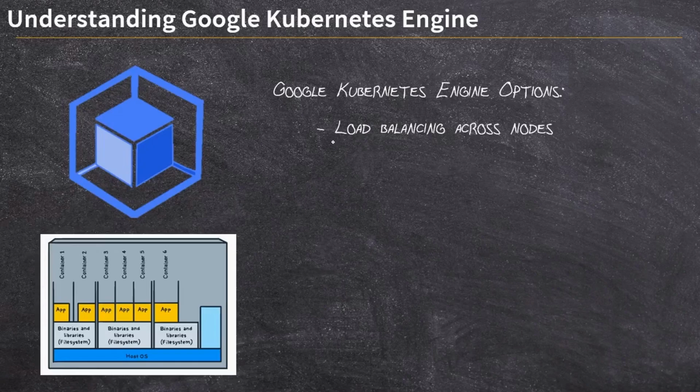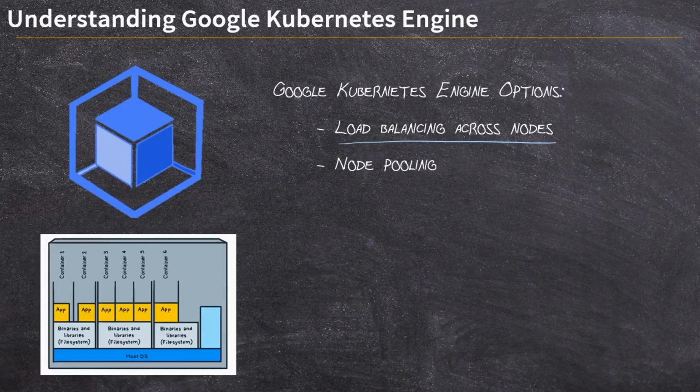So Kubernetes handles load balancing across those nodes, including both the distribution of traffic, so different requests that are coming into your containers are distributed to multiple copies of your containers, but also the distribution of the containers themselves. If you want 5 containers running across 2 nodes, GKE will figure out the most efficient way to run those containers on those nodes so that you use efficient resource utilization.